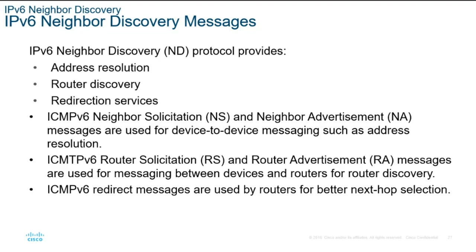Then there are router solicitation and router advertisement, used for messaging between devices and routers for router discovery. And ICMPv6 redirect messages are used by routers for better next hop selection.